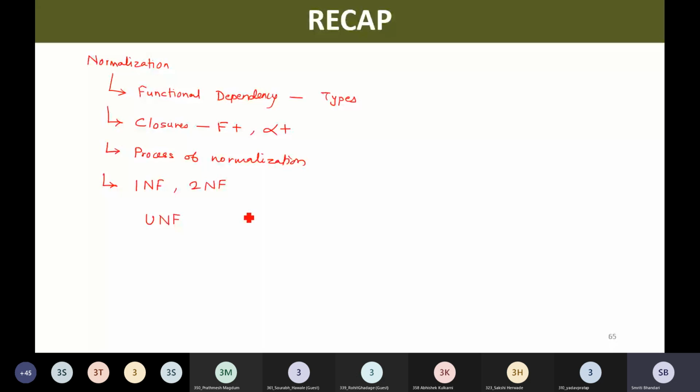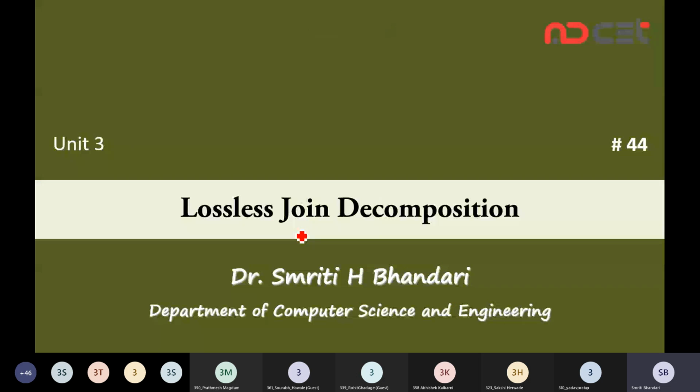So if my relation is in UNF, sometimes we convert the relation in UNF to 1NF by applying the process of decomposition. If we have a relation in 1NF, and if we find partial dependencies in the 1NF relation, then we try to decompose the relation and we come up with a relation in 2NF.